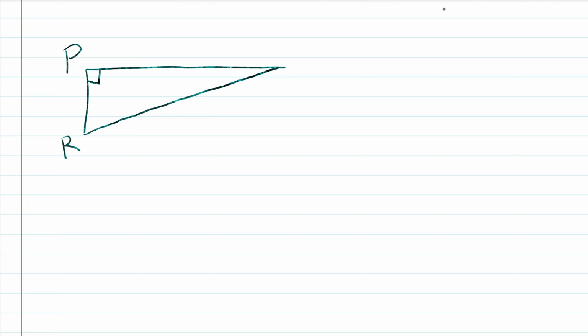We don't know the measure of angle R or angle Q. However, they do tell us that this side is 14 and this side is 50. The first thing we may want to do, to help us answer some questions, is figure out this side right there.